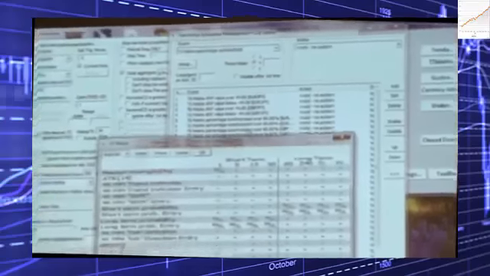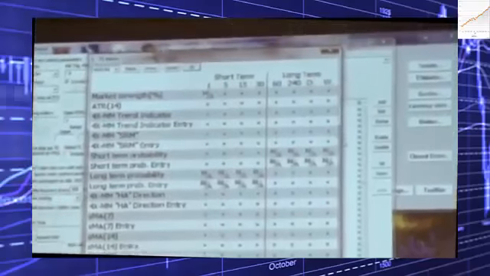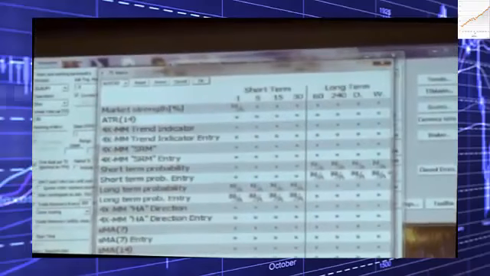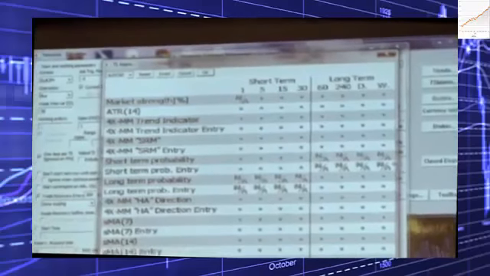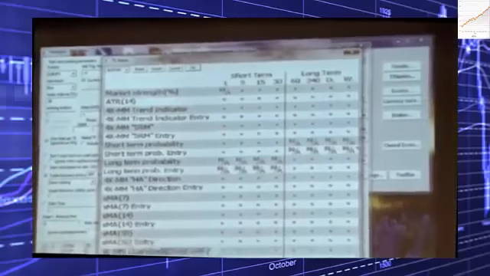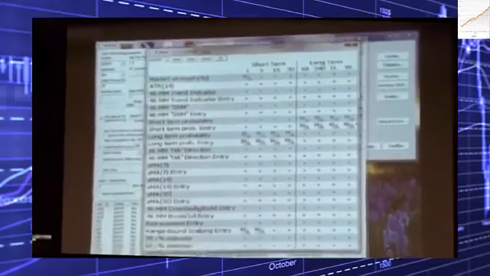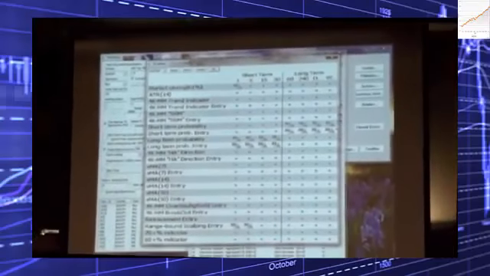And when I open it, the canvas is all blank. There's nothing on it. The software, however, allows me to paint the canvas any way I want. Now, I want to determine which direction the market is going in terms of a long-term primary market direction.